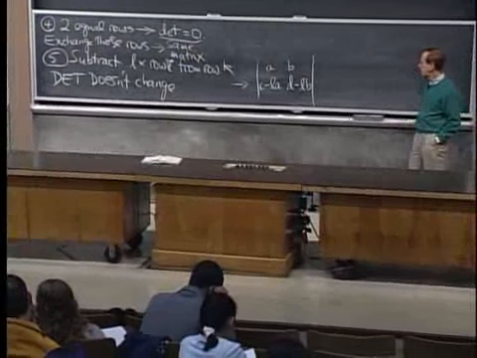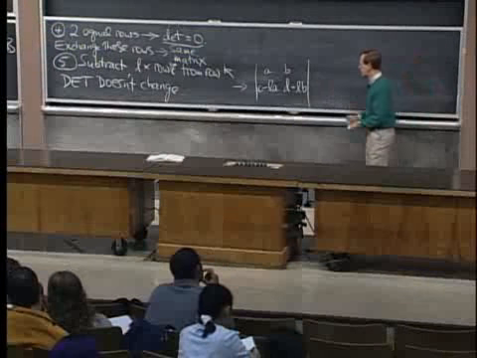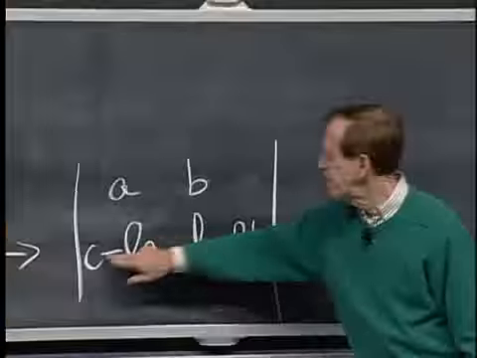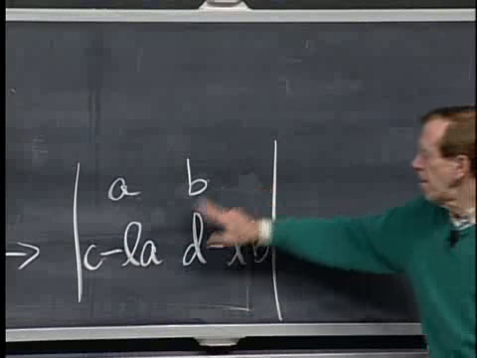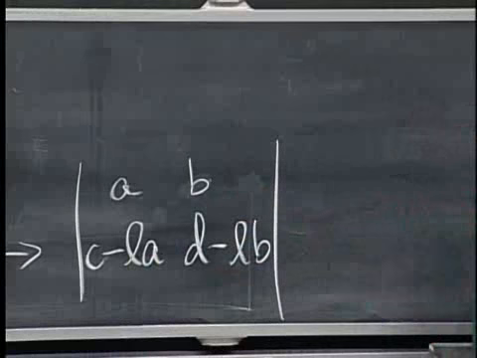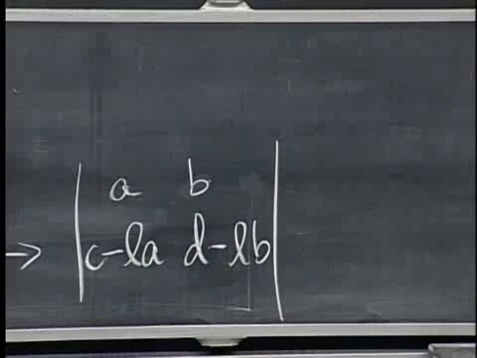And that's the determinant. And of course, I can multiply that out and figure out, sure enough, AD minus BC is there. And this minus ALB plus ALB cancels out. But I just cheated, right? I've got to use the property.